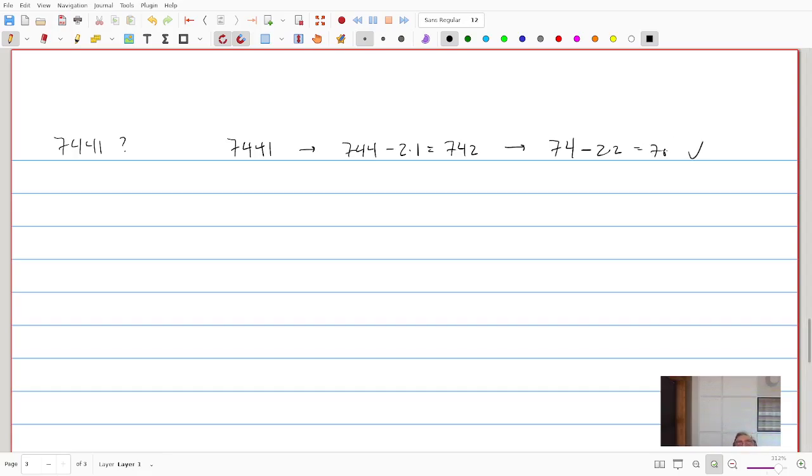And check, right? 70 is divisible by 7. So, therefore, so is 7441. It's definitely possible to get good at doing this rule in your head so that it's easier than just doing long division by 7. Whether you care about that, I don't know.